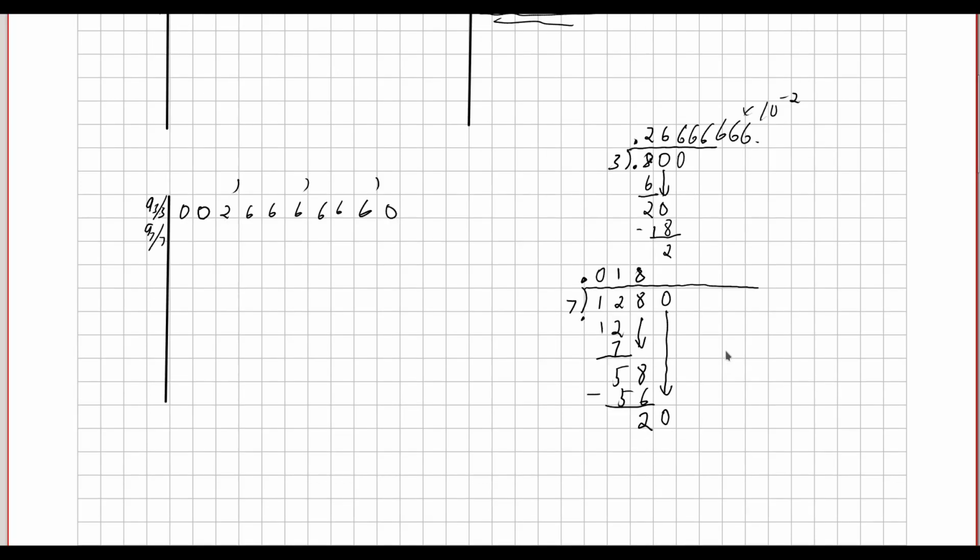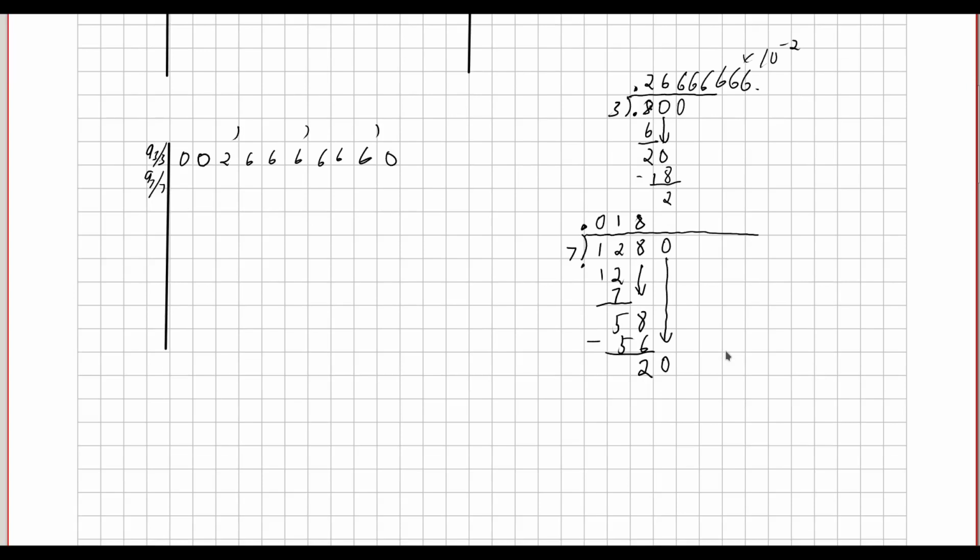Gets a bit more room here. 7 goes into 22 three times, so 21, that's 1, again drop that.